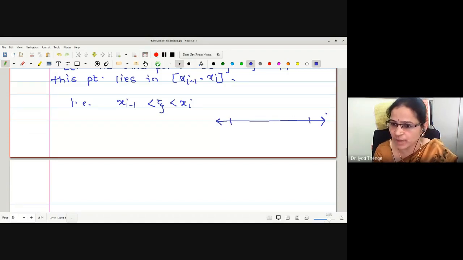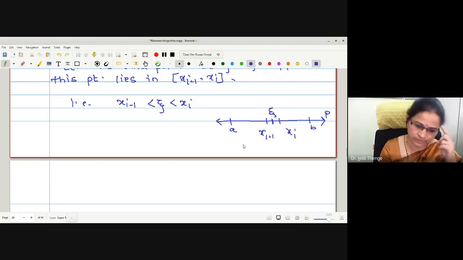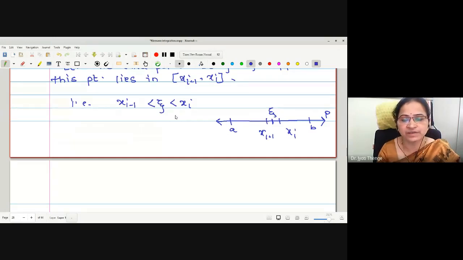This is my original partition P, from a to b say, and somewhere here is my ith subinterval x_{i-1} to x_i. Then we are considering this extra point to be zeta here. Is everyone getting me? This extra point is zeta, and this inequality we have considered strictly less.